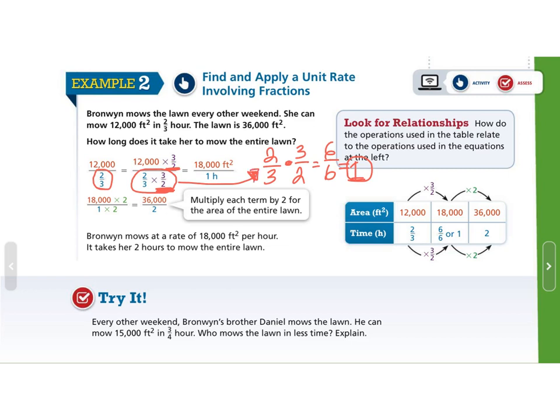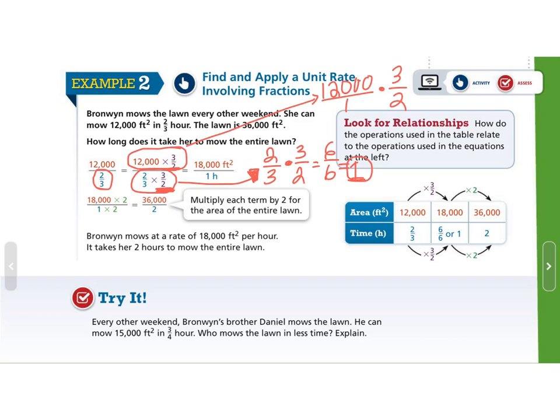So when you do 2/3 times the 3/2, you actually end up with 6/6, which is equivalent to 1/2. But again, whatever you do to the bottom of that ratio, you have to do to the top. So when you multiply the 12,000 times 3/2, and I'll do that up here, remember, whole numbers have a denominator of 1.